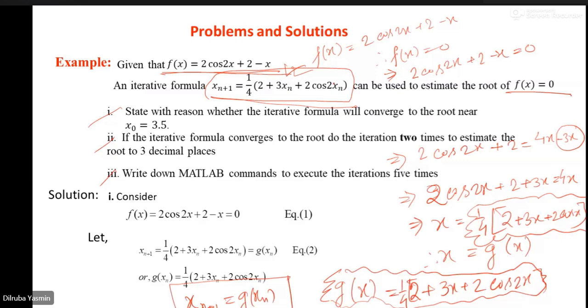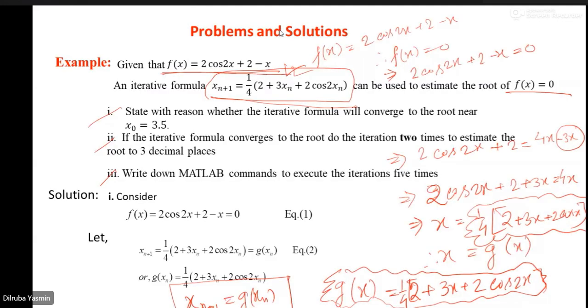So if you want, you can make another iterative formula from here. Just give me a couple of seconds, I need to write this functional expression: 2 times cos 2x plus 2 minus x.